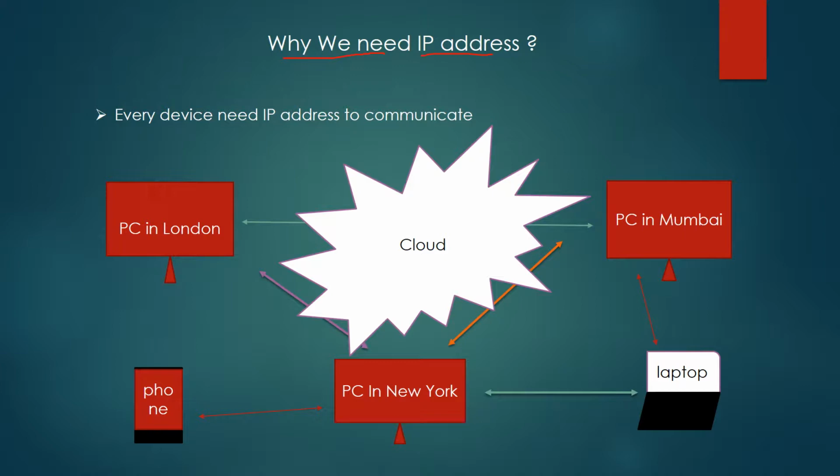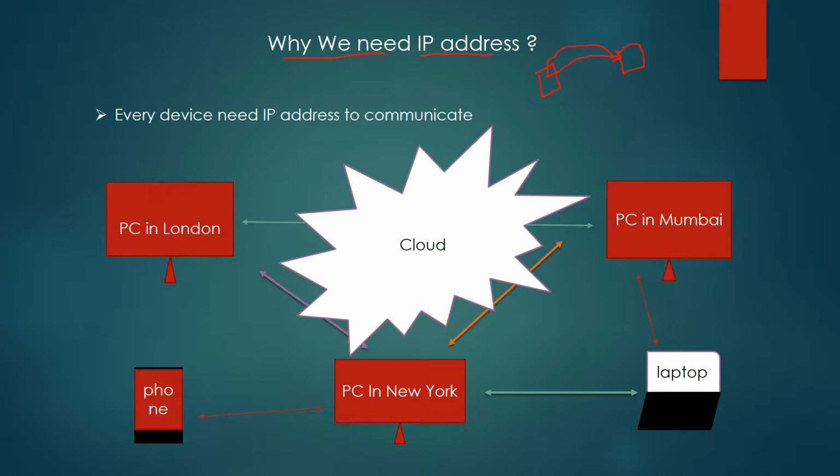If somebody asks why we need an IP address, generally, to communicate between two devices, we need some address. In the old days, we were sending a letter, a postcard. Before sending that, we need the address of the destination where we are sending.